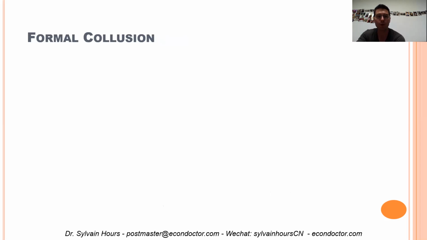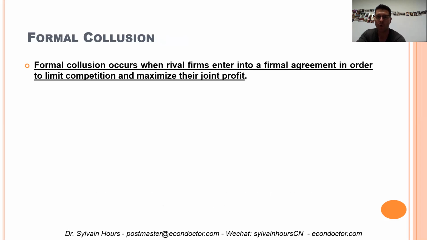So formal collusion is simply a situation where you have rival companies and they enter into a formal agreement in order to limit competition and to maximize their joint profit. So joint profit is the profit that they make all together. So you add the profit of all these firms, and all together, when you add all the profit that they make, you have what we call joint profit.